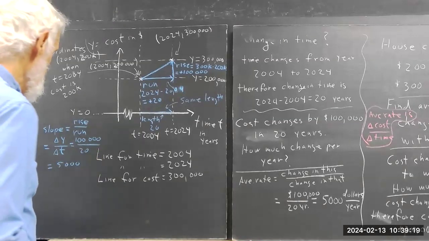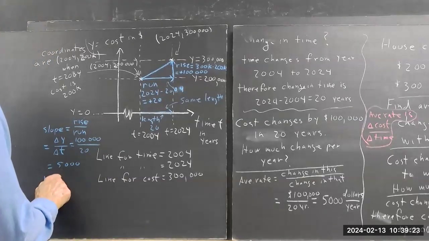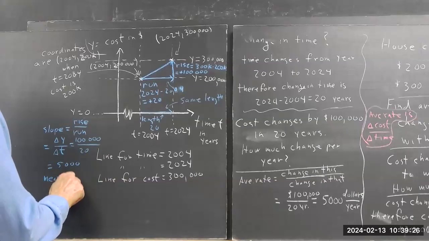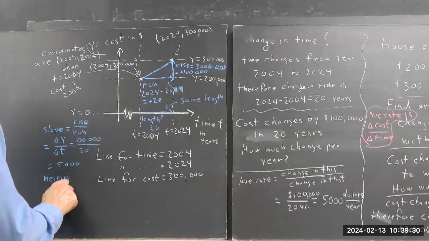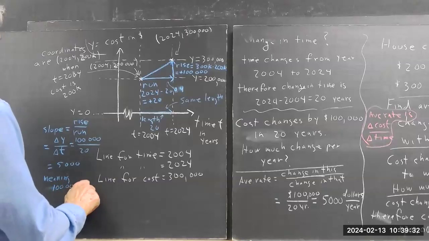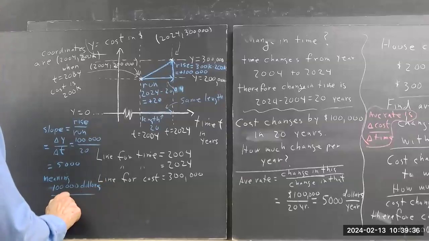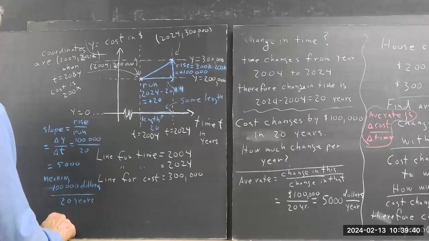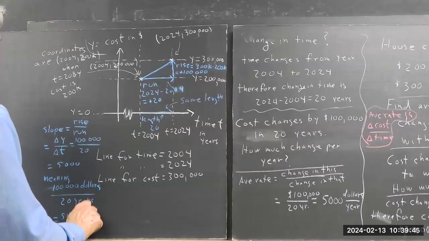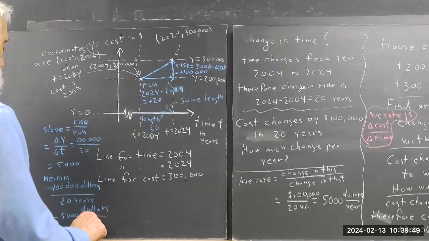That's 5,000. Meaning $100,000 over 20 years, which is 5,000 dollars in the numerator.